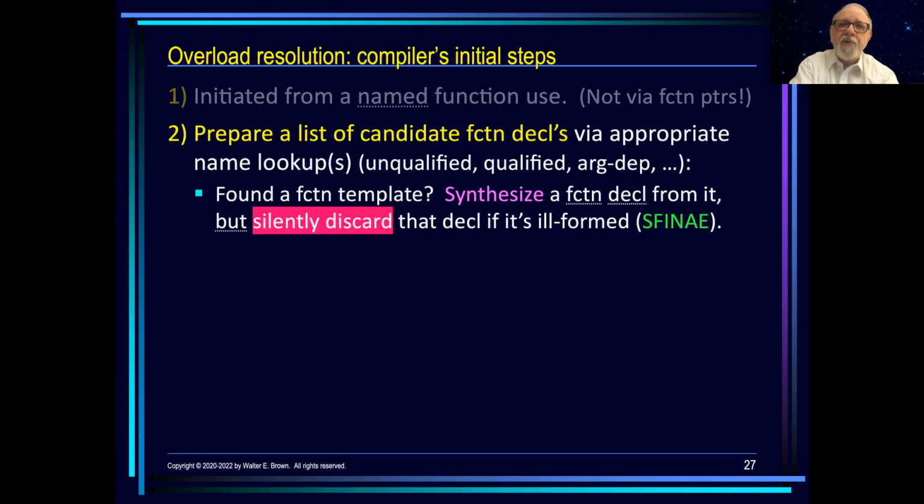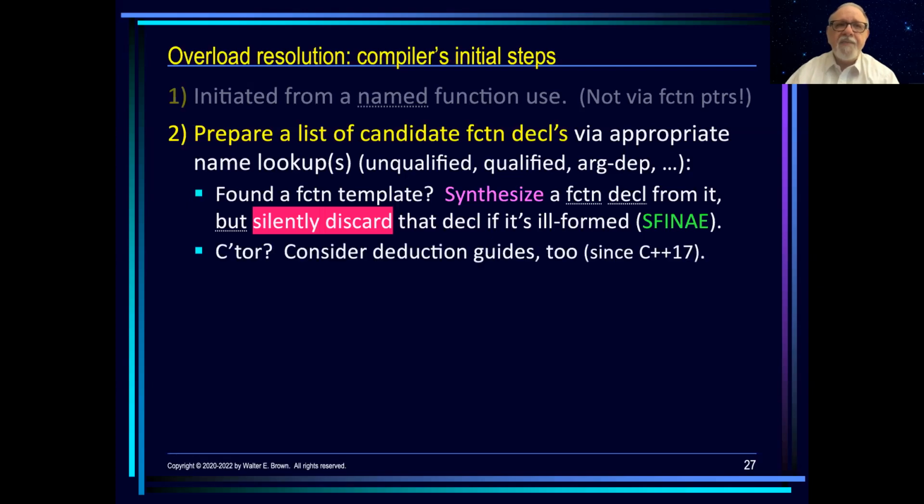This is what has been termed SFINAE. It's not an error. It's just discarded. It doesn't go into the candidate list. This is an important point. Not that it's silently discarded, but that the template is not a candidate. A declaration that is synthesized from the template can be a candidate, but never the template itself.